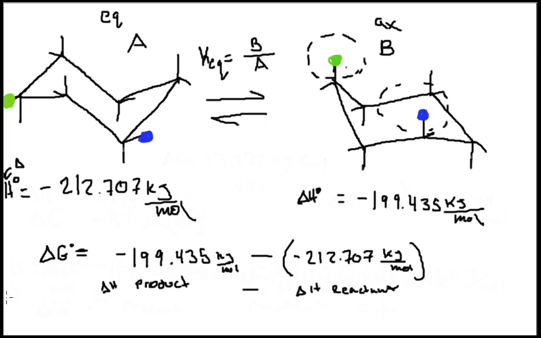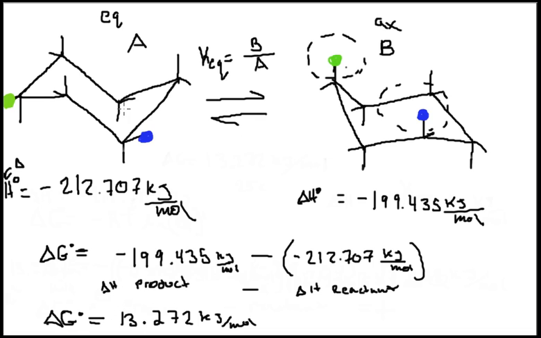And so this gives us a delta G value of positive 13.272 kilojoules per mole. And hopefully in a general chemistry course you've learned that if delta G is positive, that means this is not spontaneous.